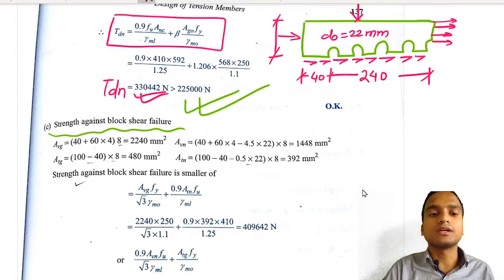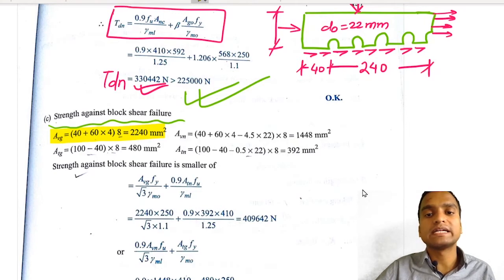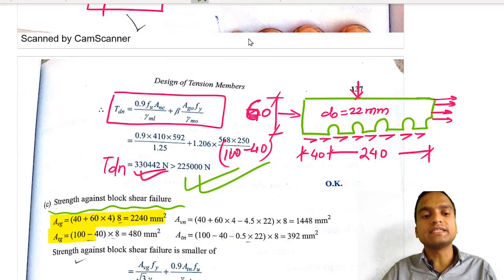Now we can calculate AVG value. The value of AVG, gross area of shear plane, will be equal to the entire length of shear plane, which is 40 plus 240, multiplied with the thickness of plate. And the value of ATG is equal to 100 minus 40 into 8.